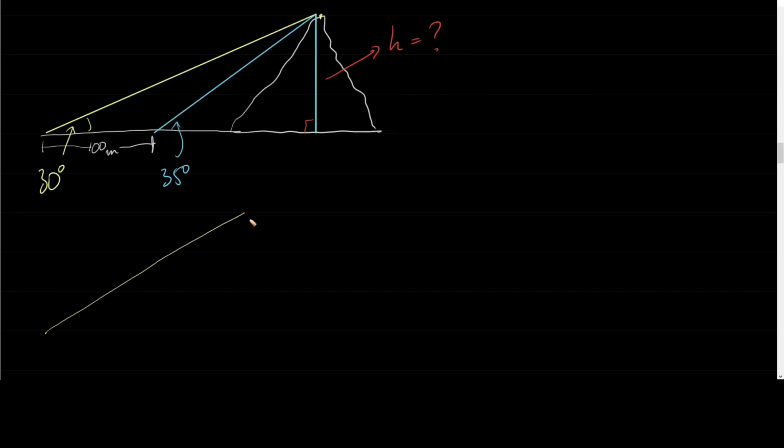So we have, let's draw that better. A right angle. There we go. Way better now. So we've got this right triangle where this angle right here is 30. We don't know what h is.